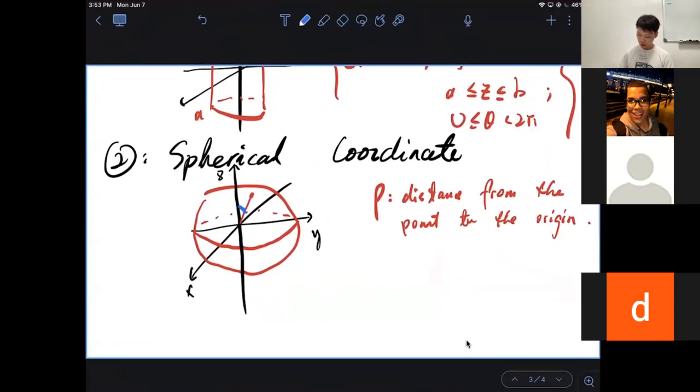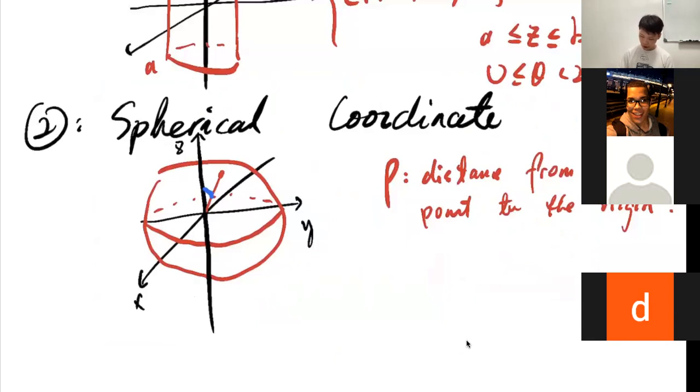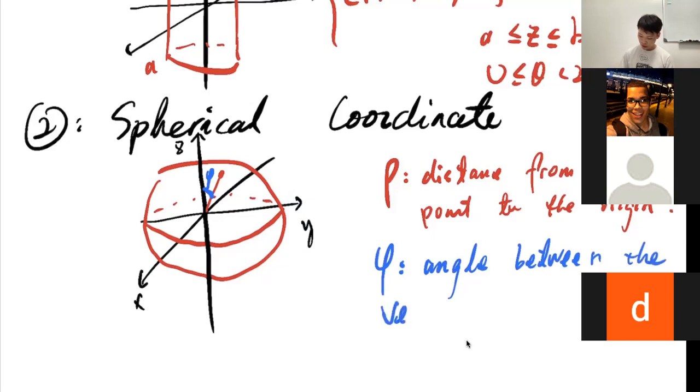Okay, phi and theta. So let's call this phi. Phi is the angle between the vector and the z-axis.